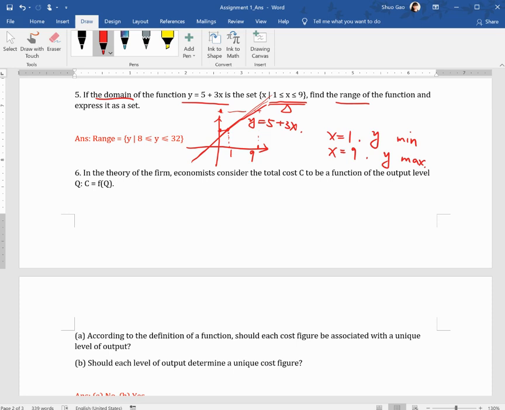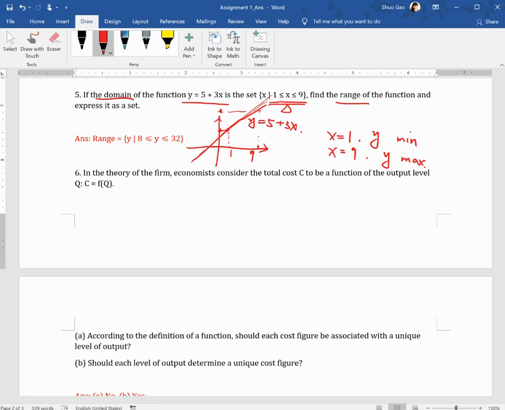We don't need to care about the y values between 1 and 9 of the domain, because when we find the minimum and the maximum values of y, then we can make sure that y, the range of the function, will lie in between y minimum and y maximum, right?